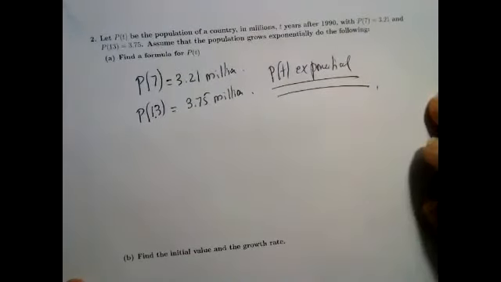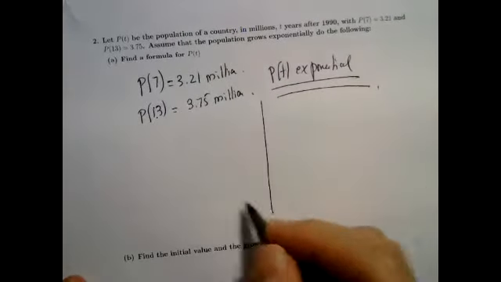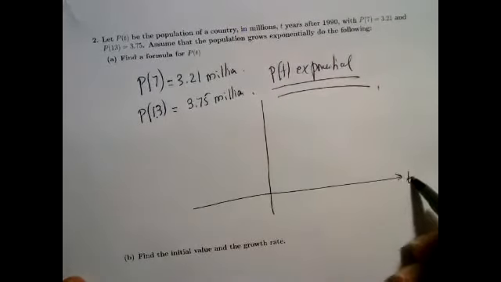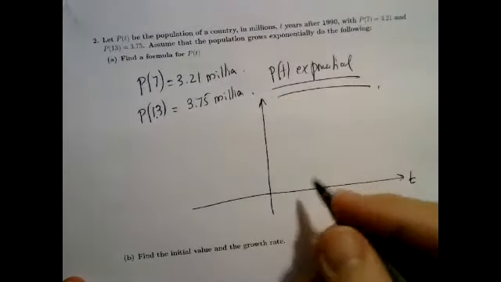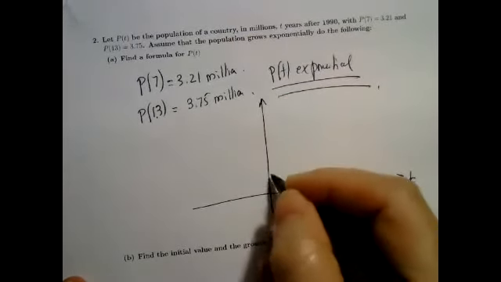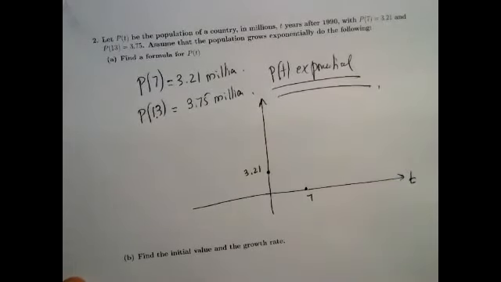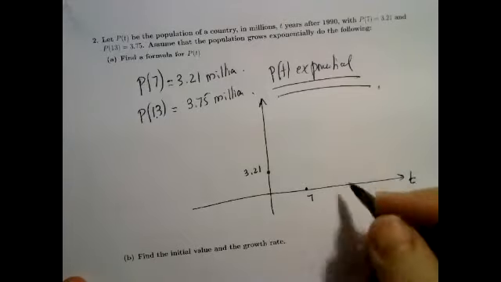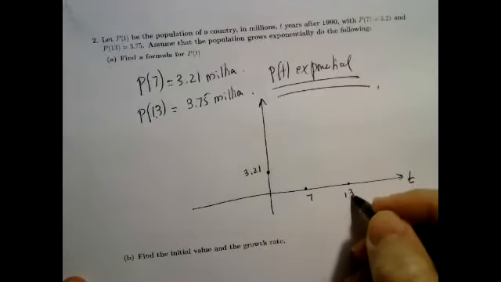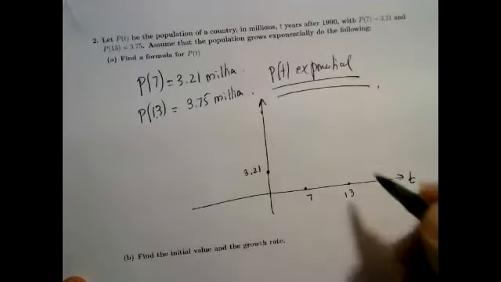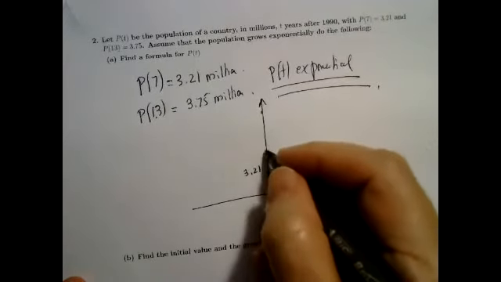Well, this is basically the same problem as before. So we have the input is time, output is population. After 7 years, the population was 3.21 million. So I keep 3.21, but my unit is million. And after 13 years, the population grew to 3.75.